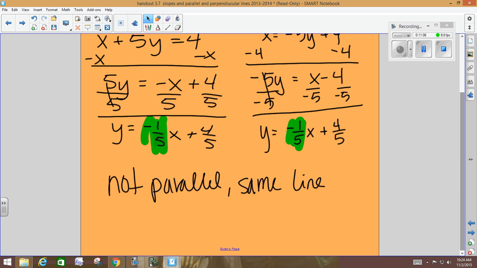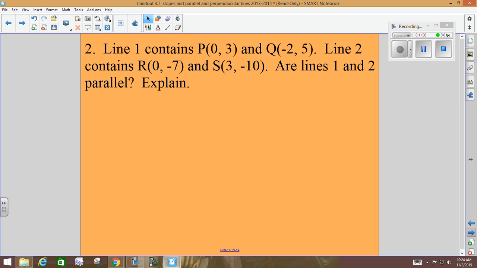Cool. Number 2. Line 1 contains points P and Q, and line 2 contains R and S. Are lines 1 and 2 parallel? Maybe. How can we figure it out? Yeah, use your slope formula to find the slopes between the points, because remember, parallel lines have the same slope.